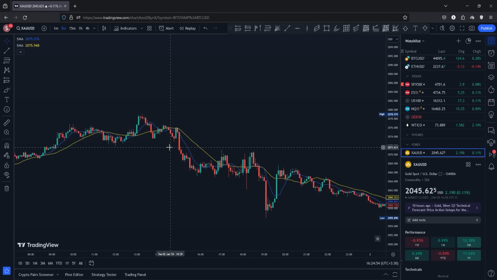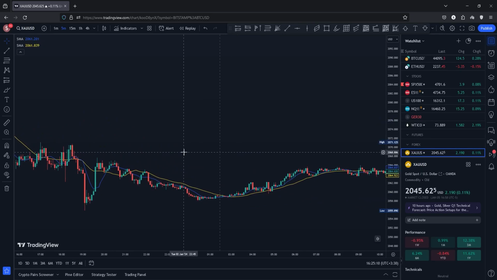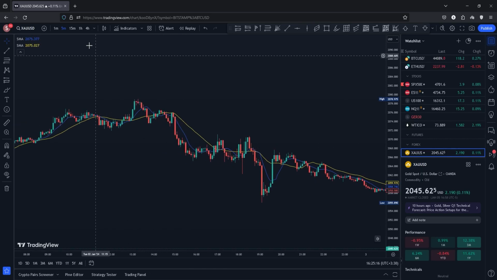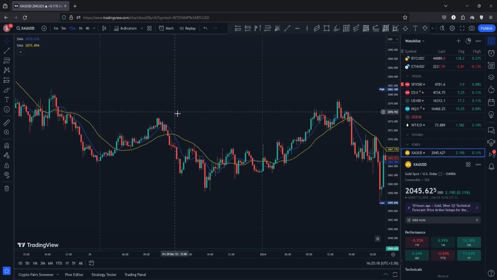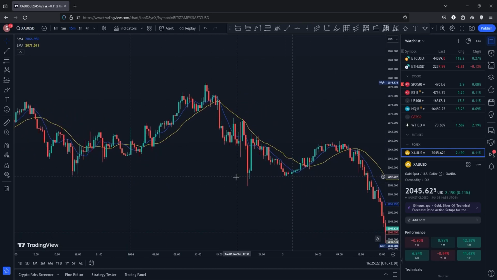So I don't recommend the simple moving average by itself, and you cannot enter good trades with the moving average. So I recommend using another method or other time frames. Let's see if you have these trades on the 15-minute time frame.